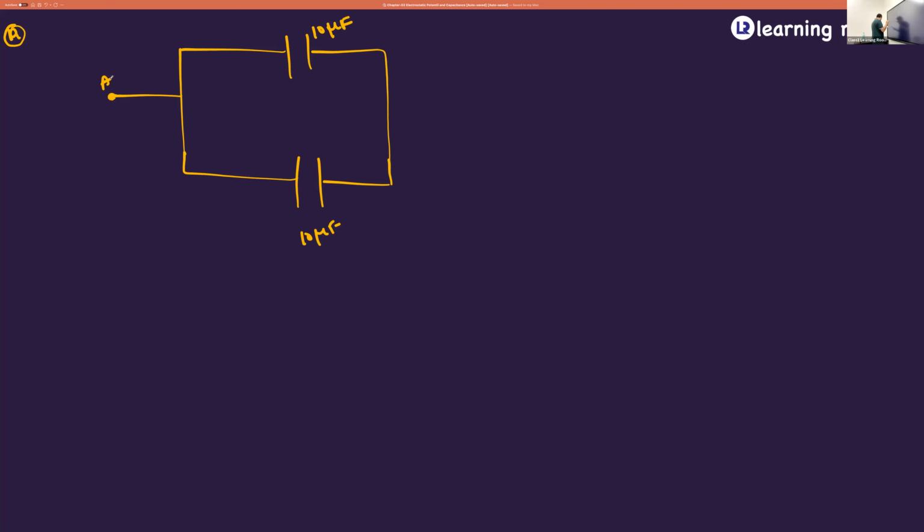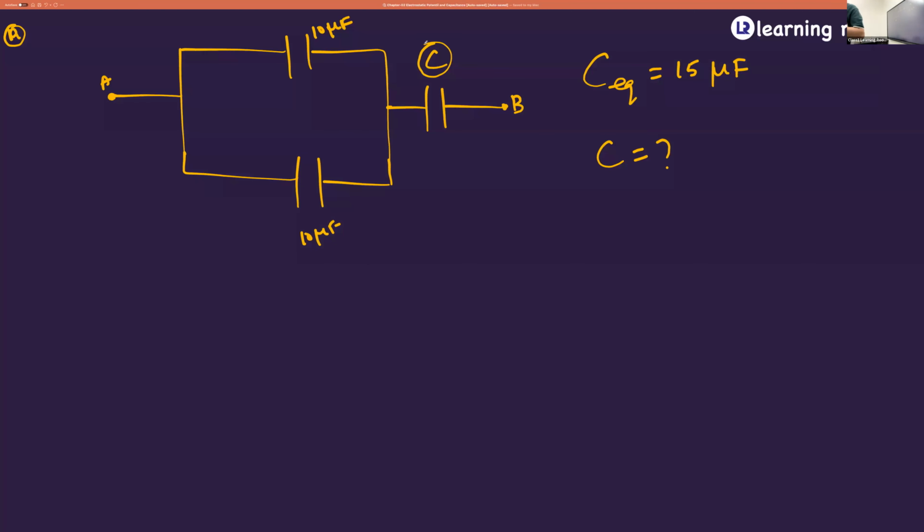This is point A. This is point B. And here the capacitance is given as C. The equivalent capacitance of this network is 15, so C equivalent is 15 microfarad. If that is the case, then what is the value of this C? Are you able to understand? So what is the value of this C?